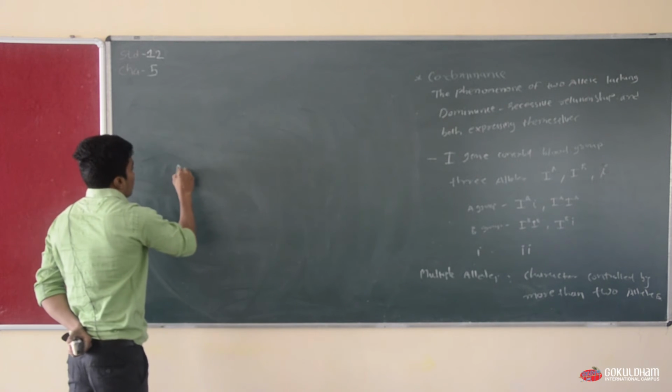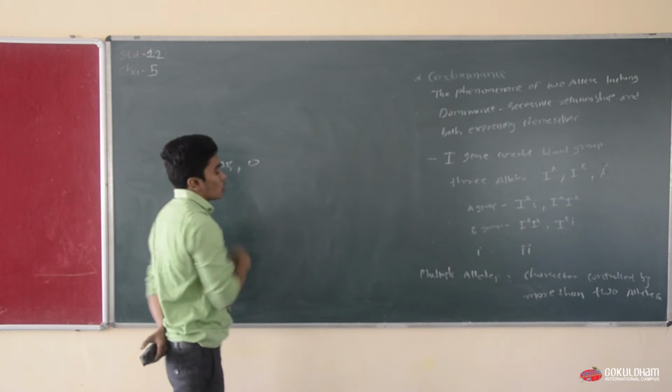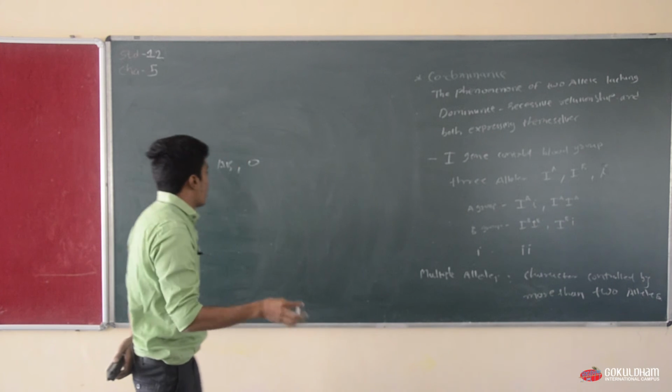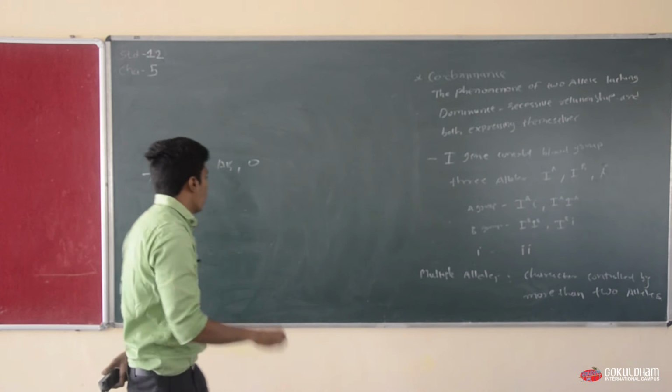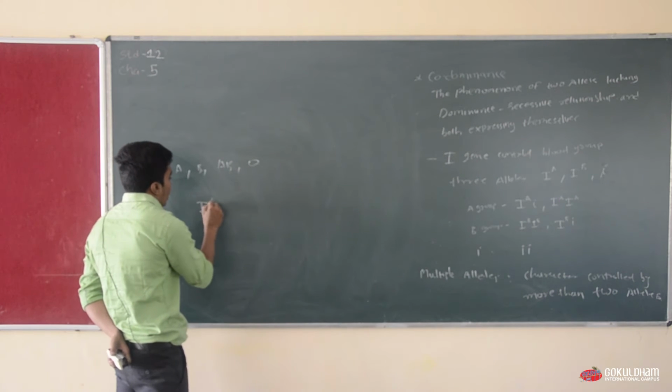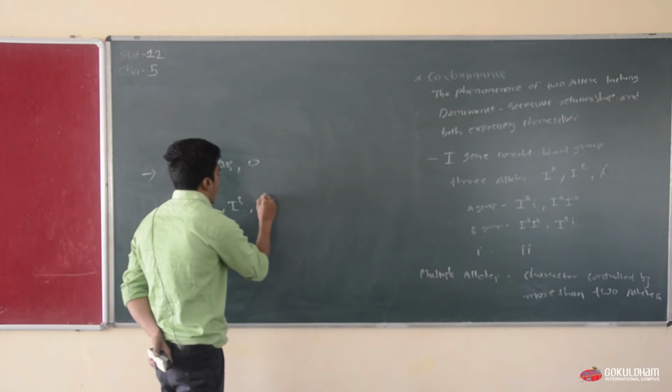There is A blood group, B blood group, AB and O blood group. This is all controlled by three alleles. Names of these alleles are IA, IB and i.